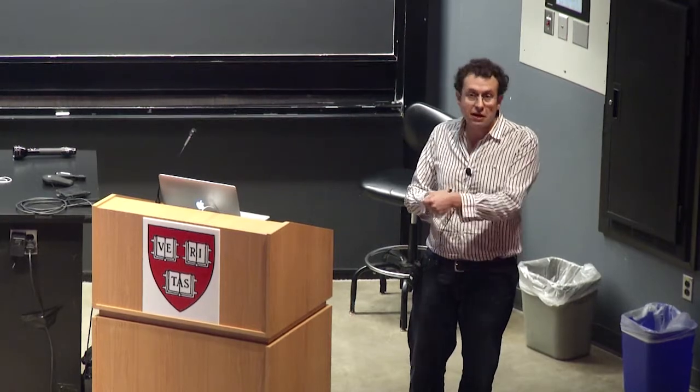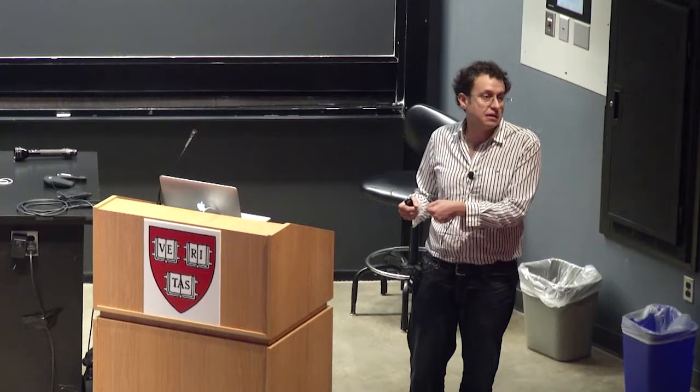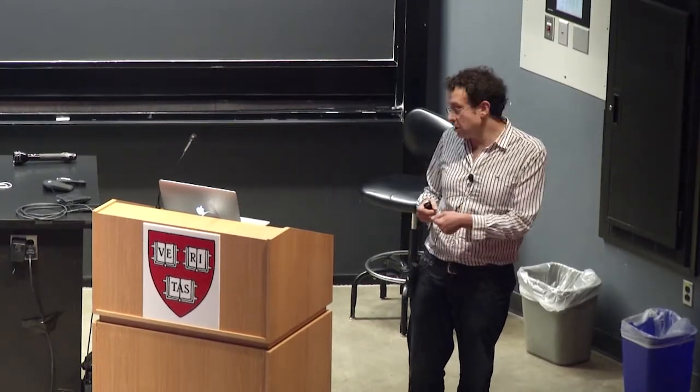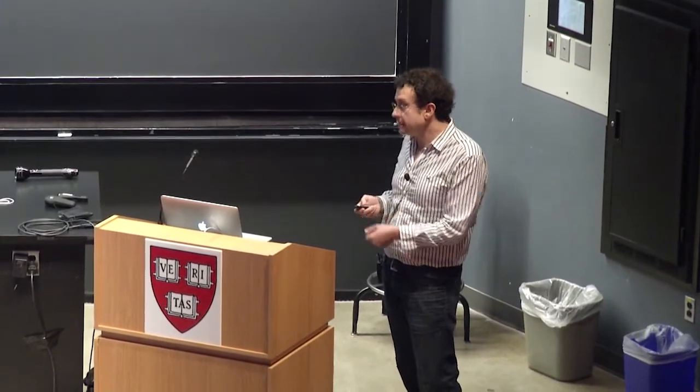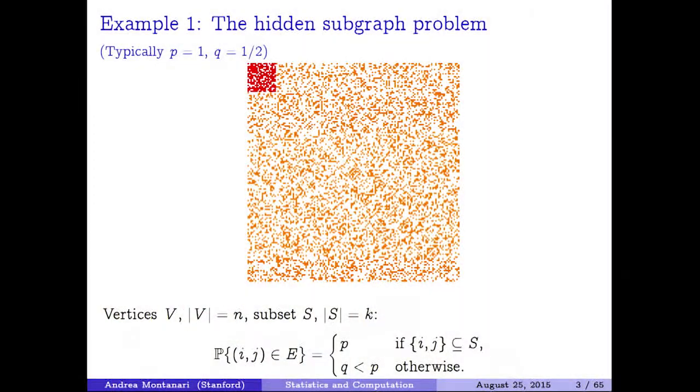Okay? And then for any other pair, you connect them with probability q, where q is strictly less than p. Okay? And actually, the most studied case of this problem is the case p equal 1 and q 1/2. So the background is just uniform, and the subgraph is a clique, a completely connected subgraph. This is why it's called the hidden clique problem.